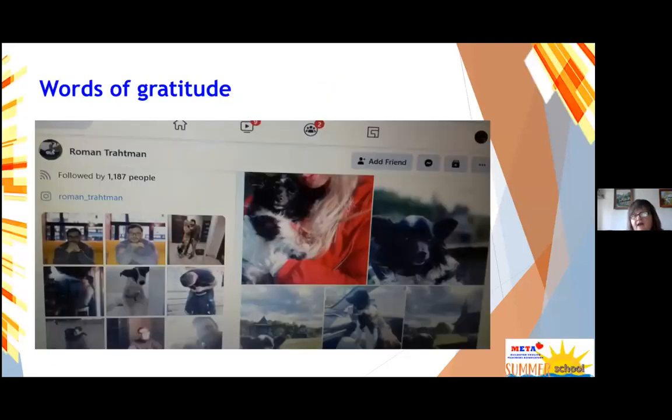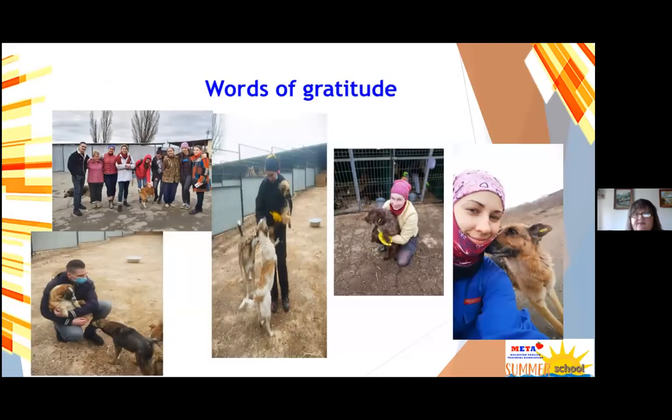Okay. And now I want to offer words of gratitude to these amazing people from Chisinau, to Roman Trachman, who does a lot to protect animals and to find them families.